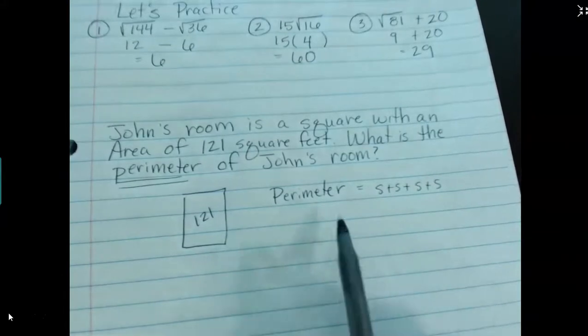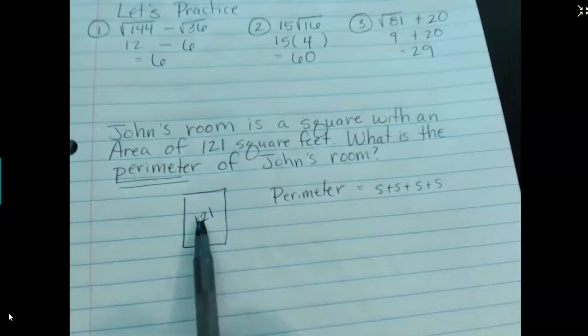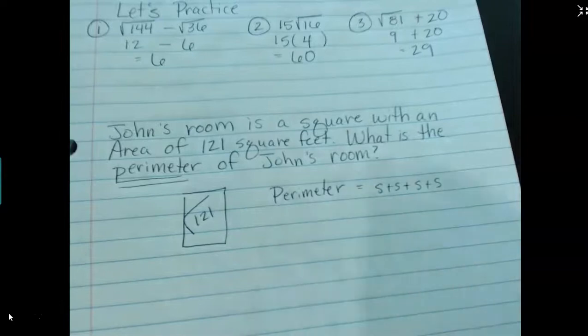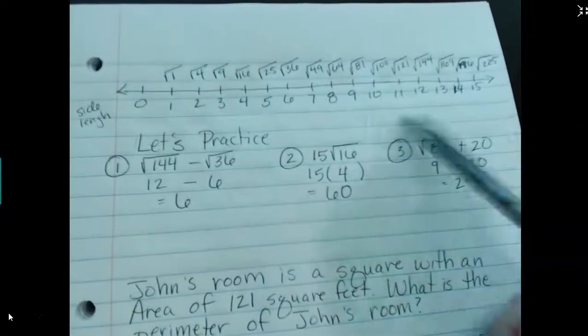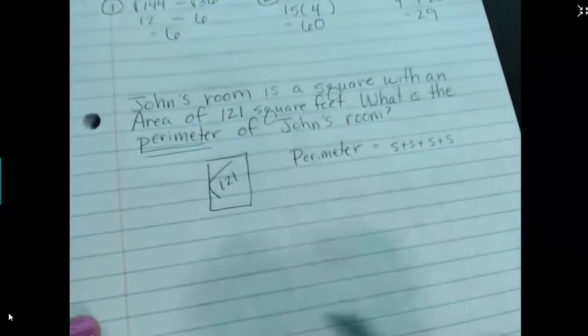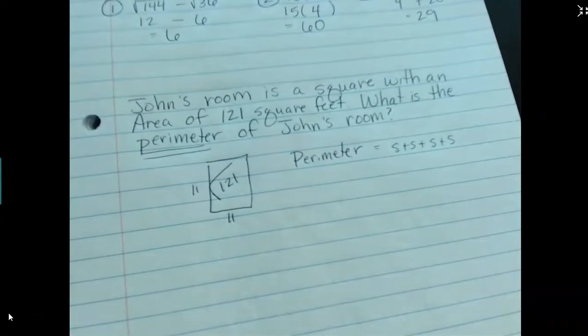So first, to find the perimeter, we need the side length. I don't have it. All I have is the area. But we know how to find the side length if we're given the area. So we're going to take the square root of 121. I look up here. The square root of 121 is 11. 11 times 11 is 121.